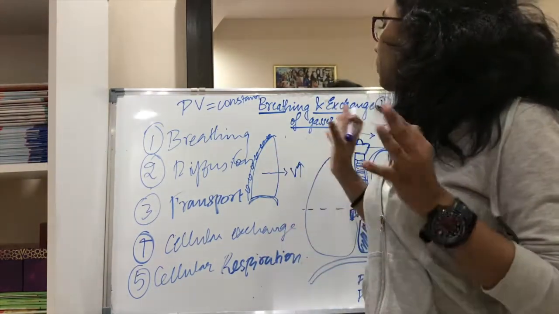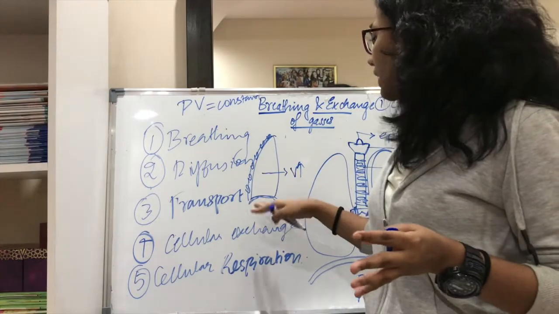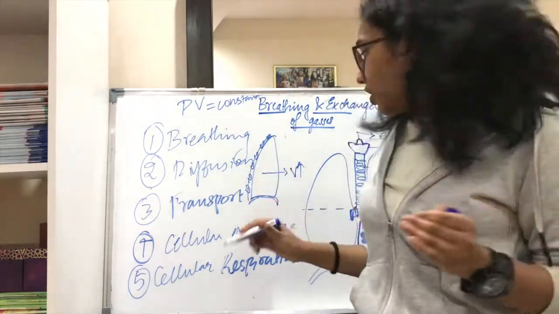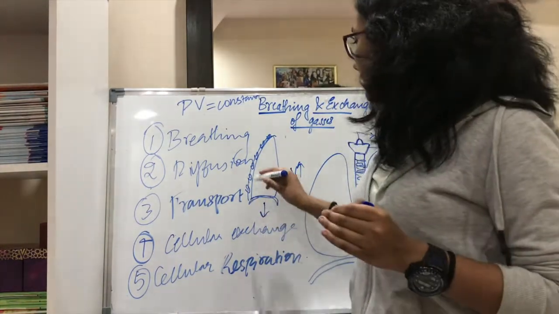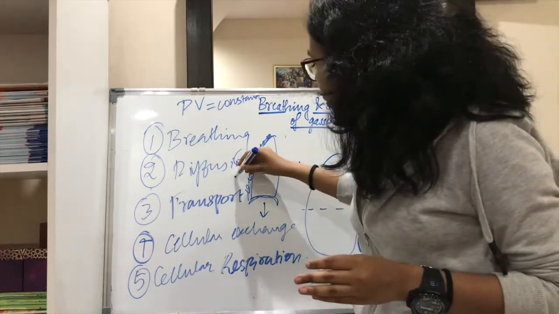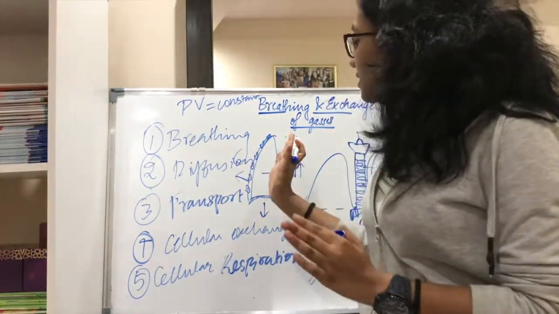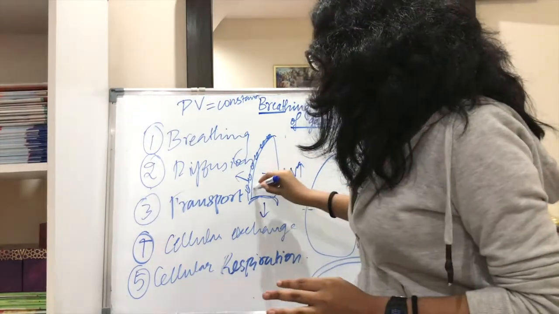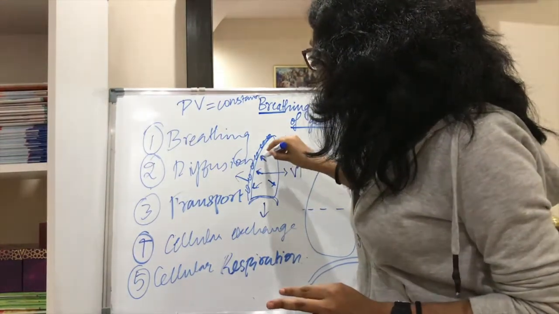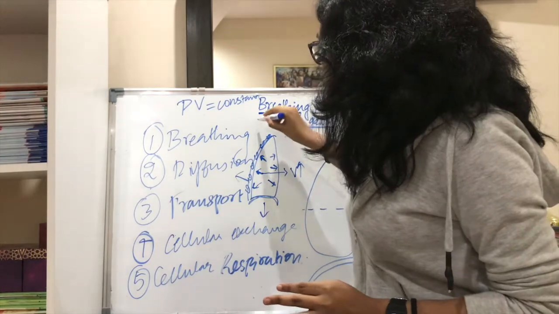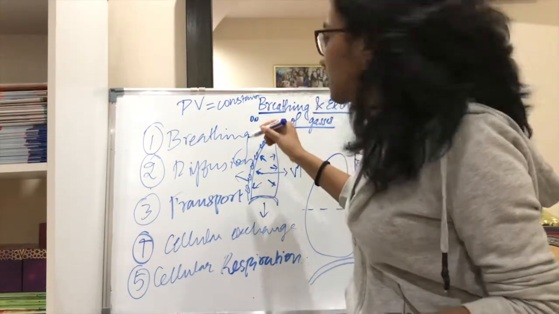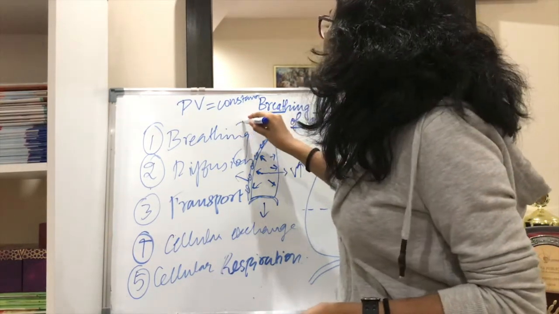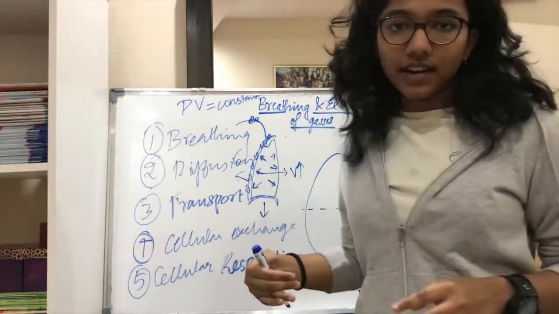So since the volume has to be more, the diaphragm contracts मतलब it goes down, and the intercostal muscles, they also contract, and that pushes the rib cage outside. So that's how this volume inside the lungs, it increases. And इसीलिए, just suppose these are nostrils, so इसीलिए the atmospheric air it enters the lungs.